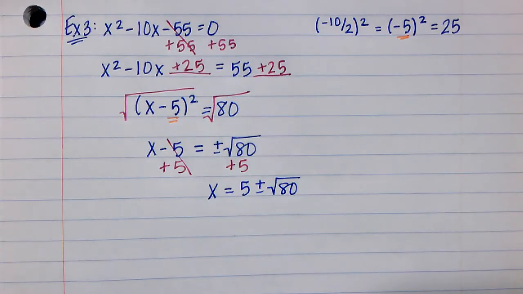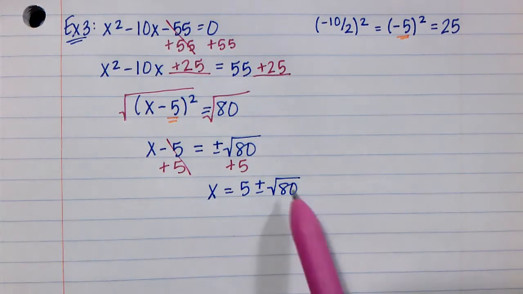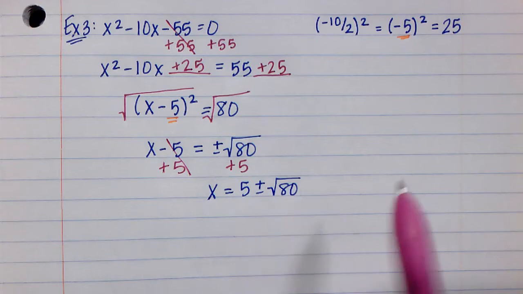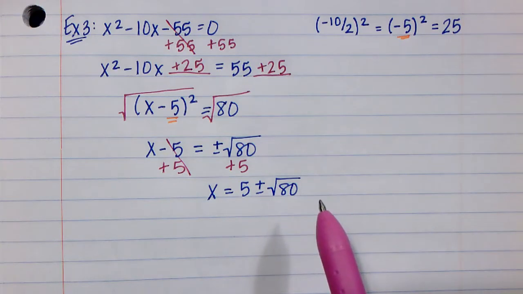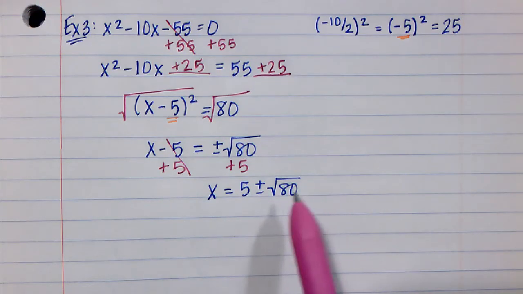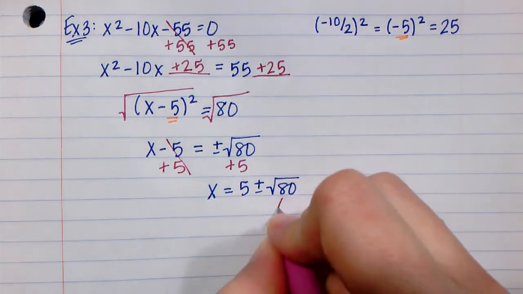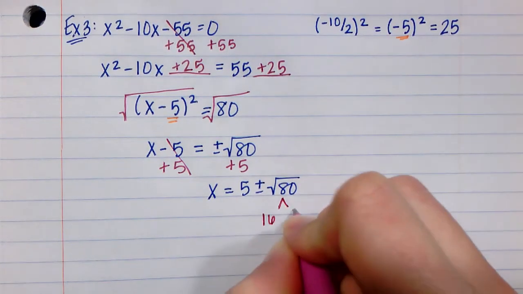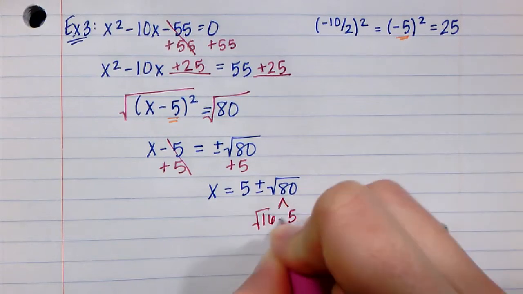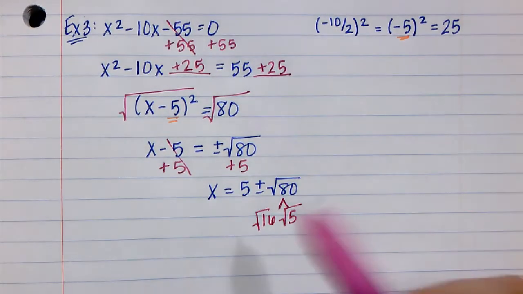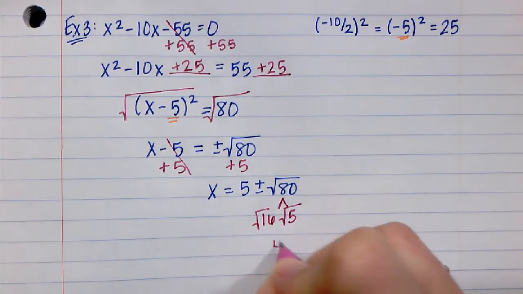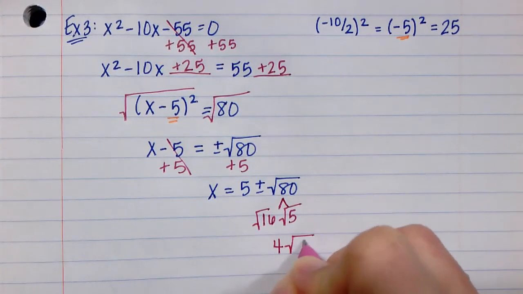We need to see if the square root of 80 simplifies. The highest perfect square that divides into 80 would be 16. 16 times 5 is 80. Take the square root of both of them. The square root of 16 is 4. Bring down the leftover square root of 5 because you can't do anything with it.